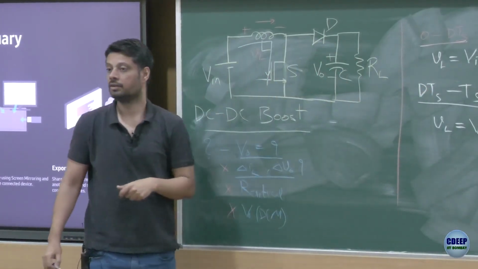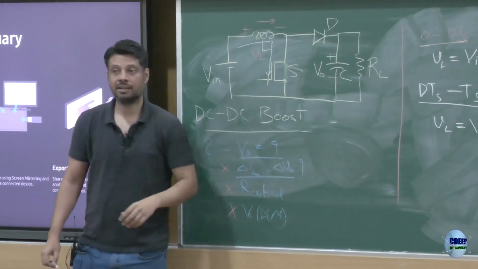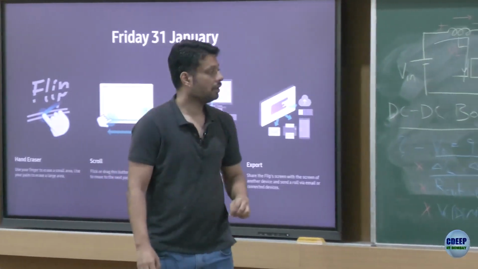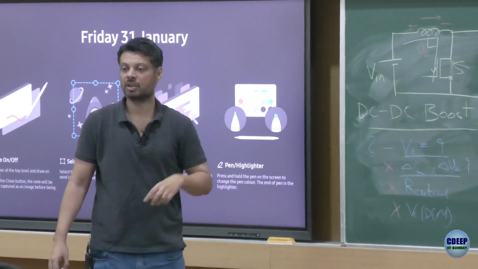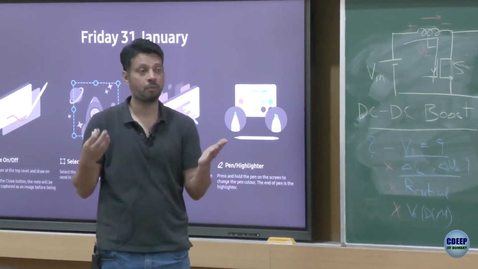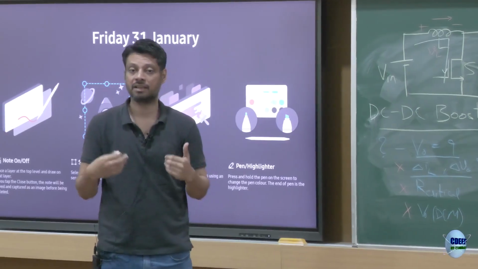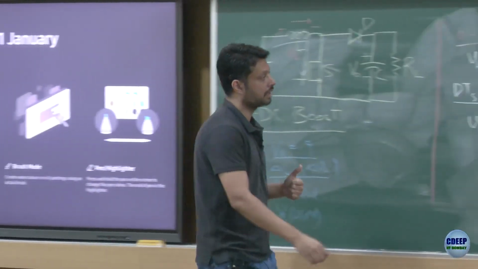Alright. In the second period, the voltage across the inductor is V in minus V naught. Is this a positive value or a negative value? It's negative because it is a boost converter, so the output voltage will be more than the input voltage. So V in minus V naught will be negative, and therefore the inductor current slope will be negative and the current will start falling.